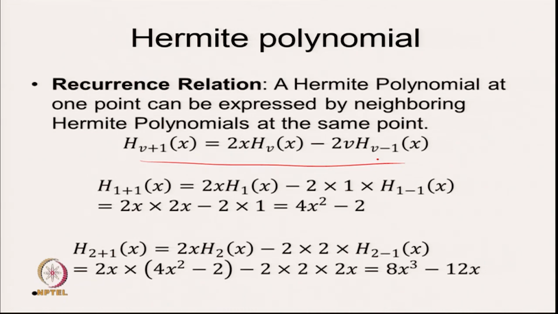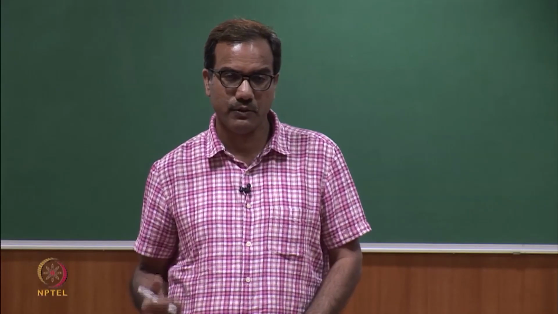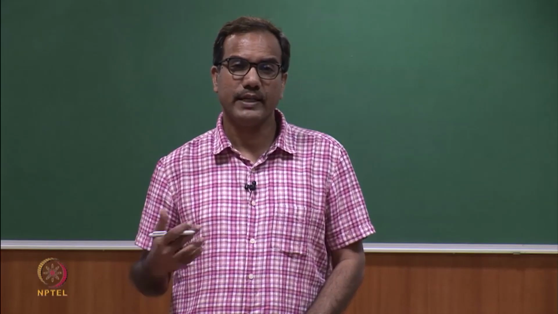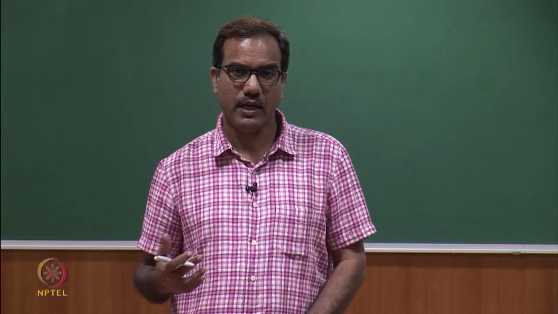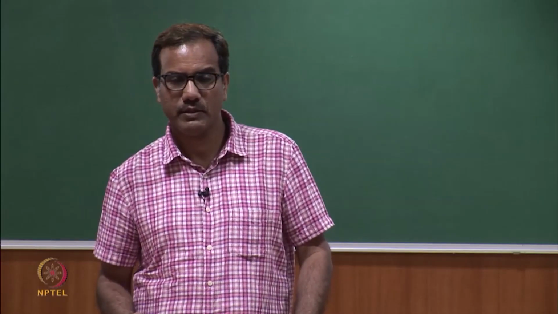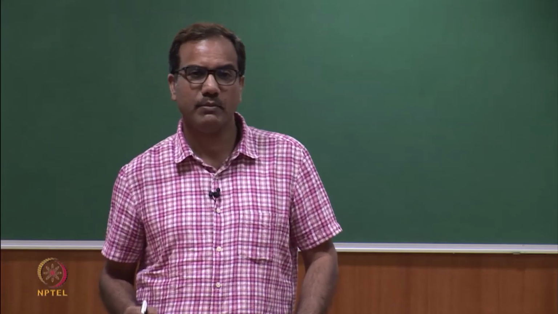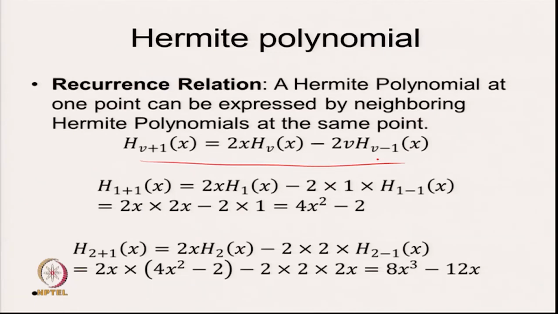So, for example, if I want to calculate the Hermite polynomial for V equal to 2, then we can take the help of the Hermite polynomials for level 1 and level 0. We know that the Hermite polynomial for level 0 is 1 and for level 1 is 2x.